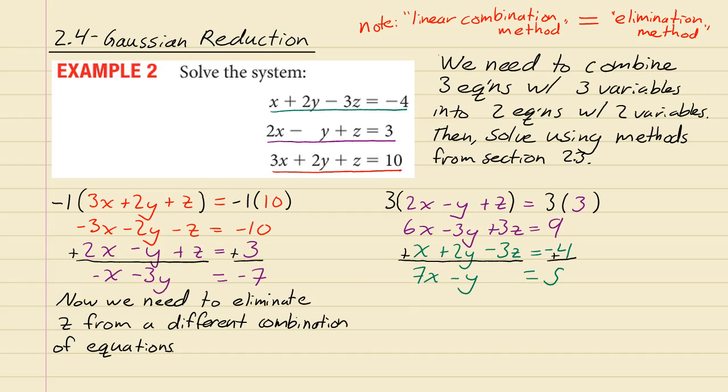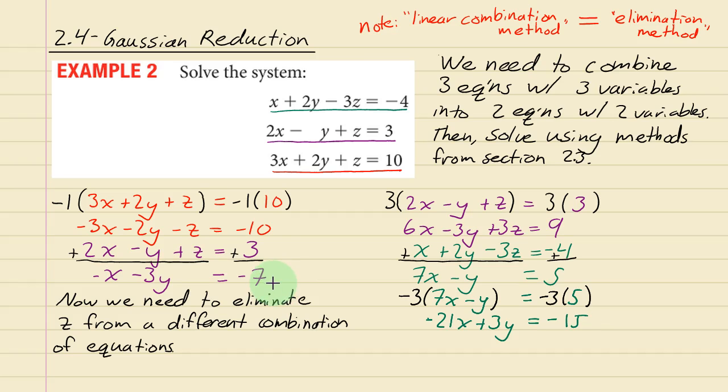One way, if you're using elimination, is that I could make this y become a positive 3y, which would cancel out with a negative 3y over here. So to do that, I'm going to multiply both sides of this equation by negative 3, which gives you negative 21x plus 3y equals negative 15.